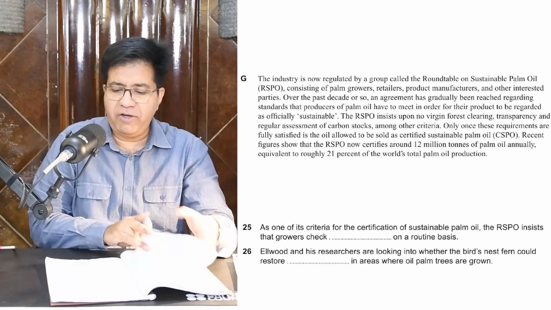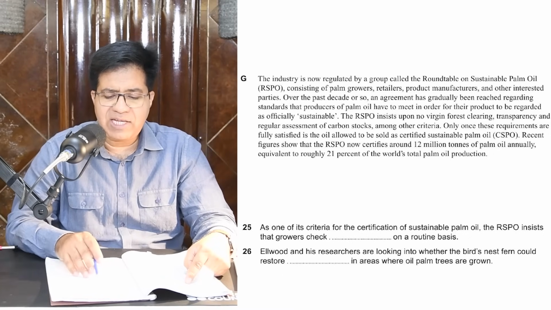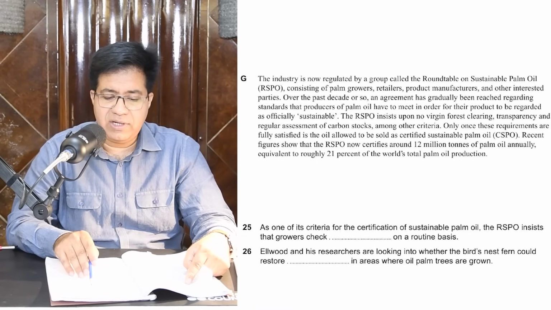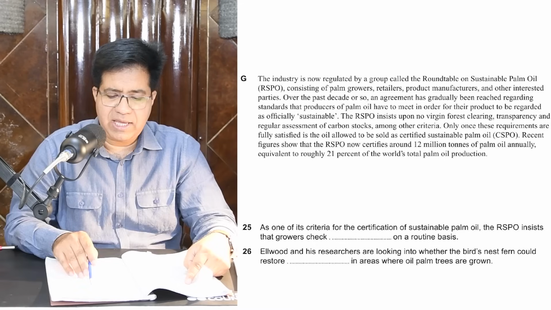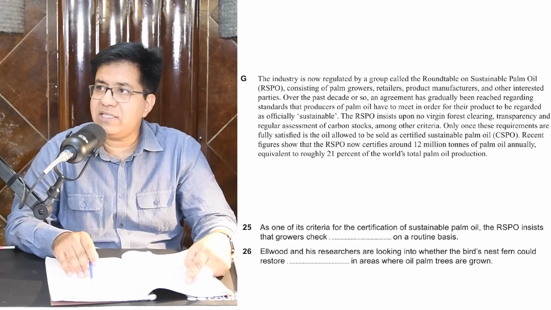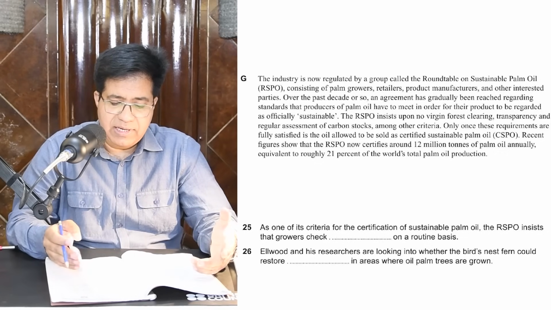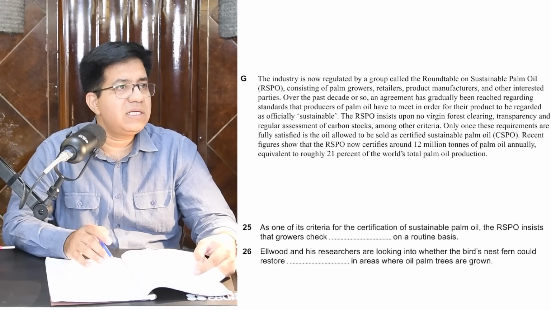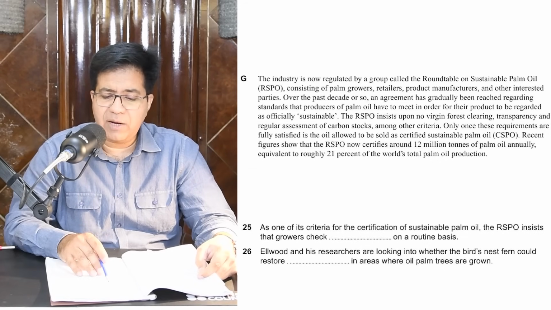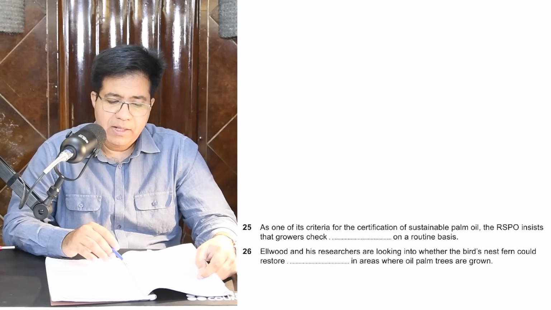So growers check dash on a routine basis. What is routine basis? Regular assessment. So check is assessment and routine basis is regular, exactly, and the correct answer is carbon stocks. Now only carbon will be wrong, only stocks will be wrong. You need to write carbon stocks.